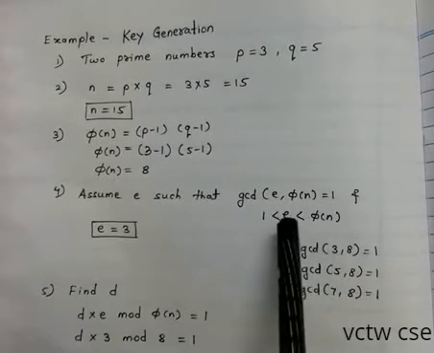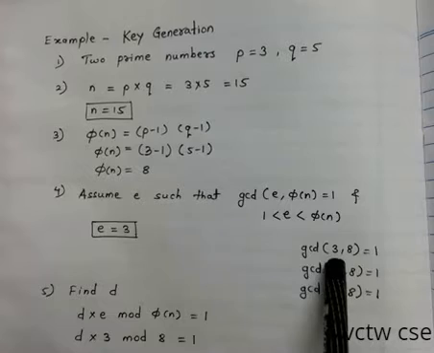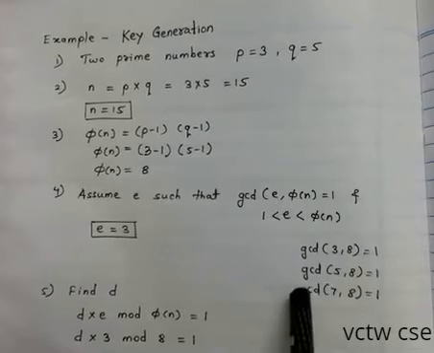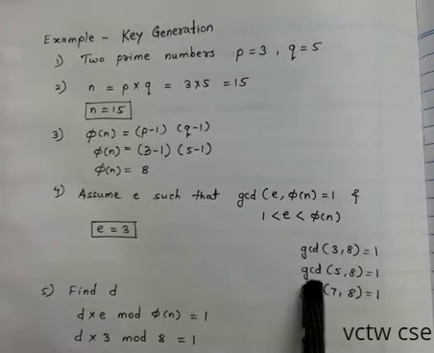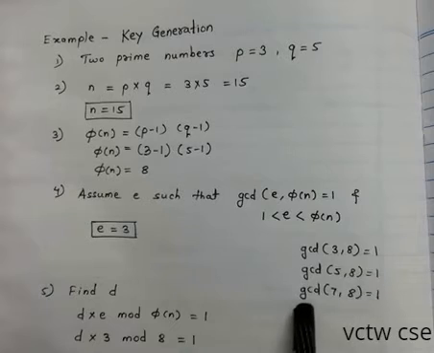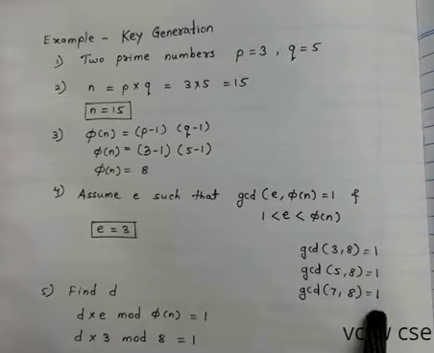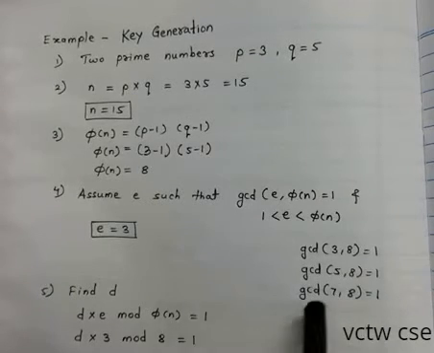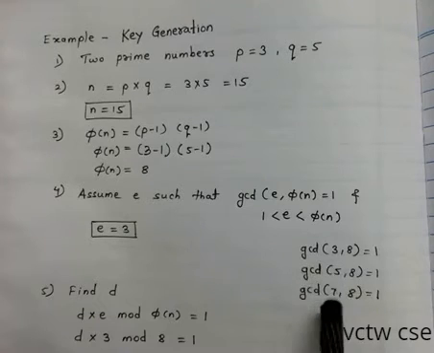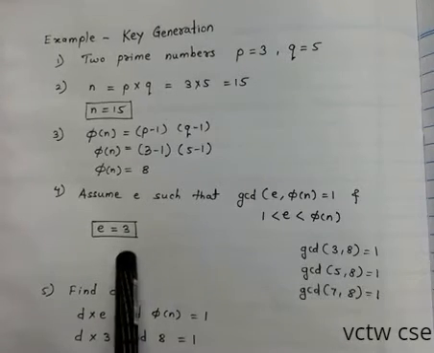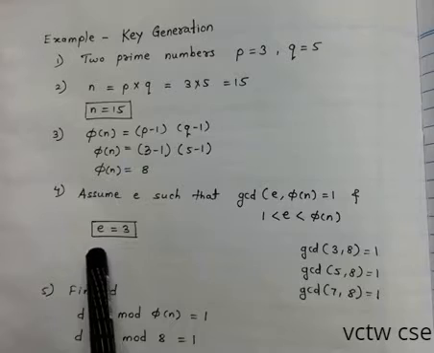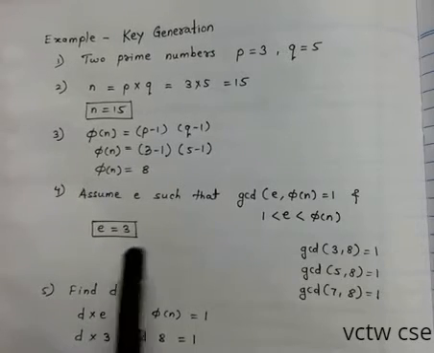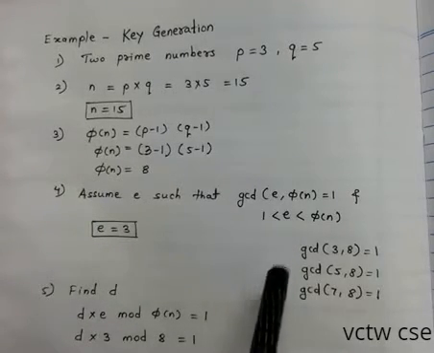So here we can assume the value of E to be 3, or else you can go with other numbers, such as GCD of 5 and 8 is 1 or GCD of 7 and 8 is 1. You can consider the value of E as 5 or 7. Here I have considered 3. So here the value of E is 3, which satisfies these two conditions.